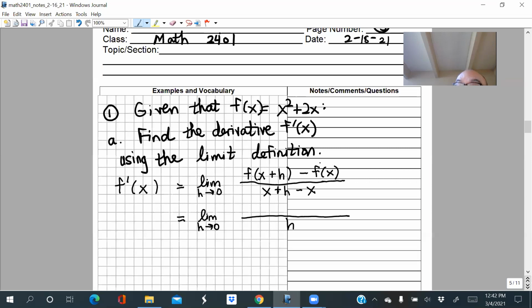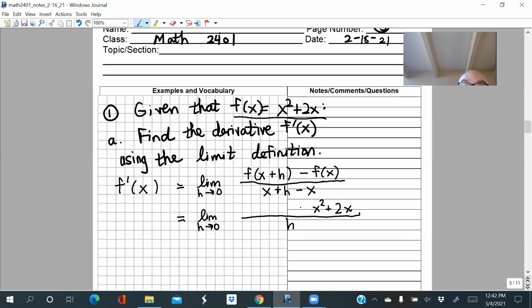Now this is also easy too. We have to fill in f of x, but this is what f of x is. F of x is x squared plus 2x. So you really don't have to do any work in filling in the f of x, because that's going to be x squared plus 2x, right? Now, however, remember, you're subtracting f of x.